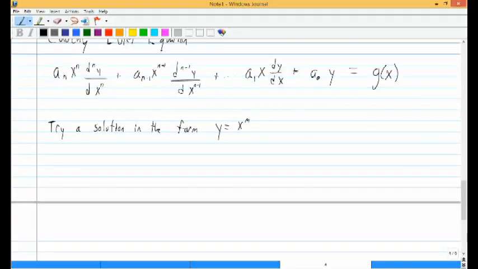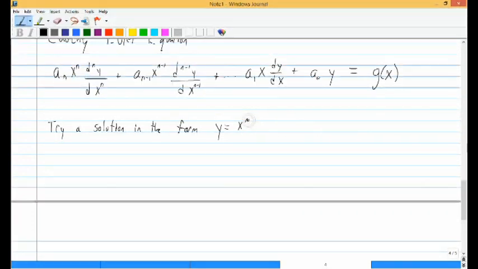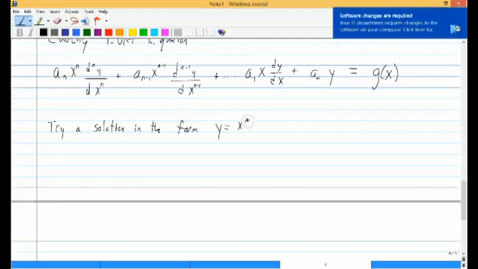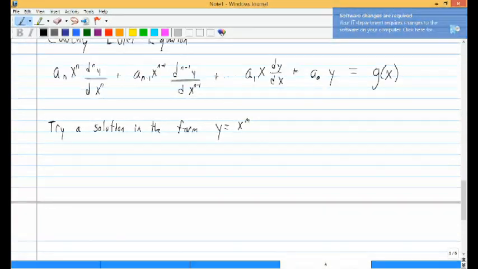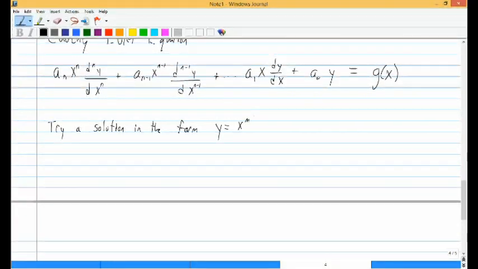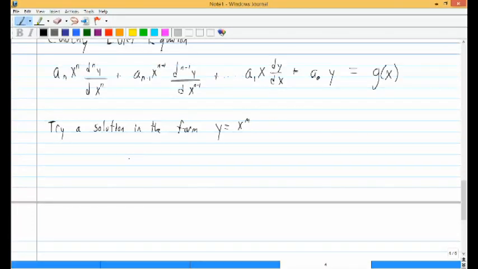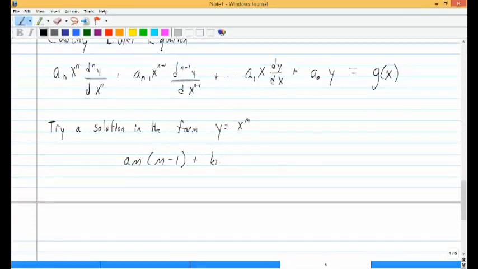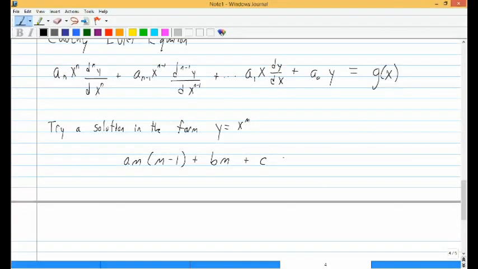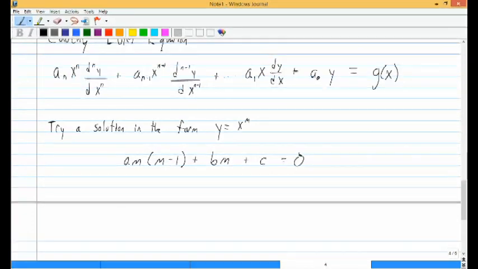This m right here is a solution of the auxiliary equation. Just like we had e to the mx, if we were to try y equals x to the m, then we would have a m times m minus 1 plus b m plus c equals 0.